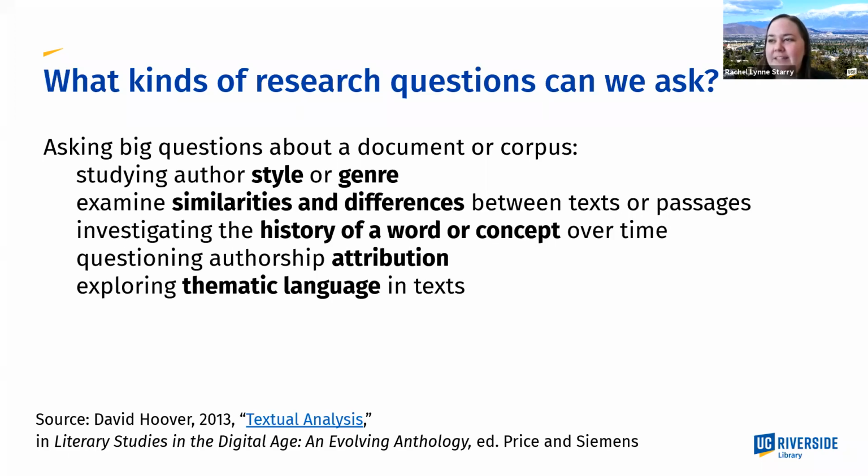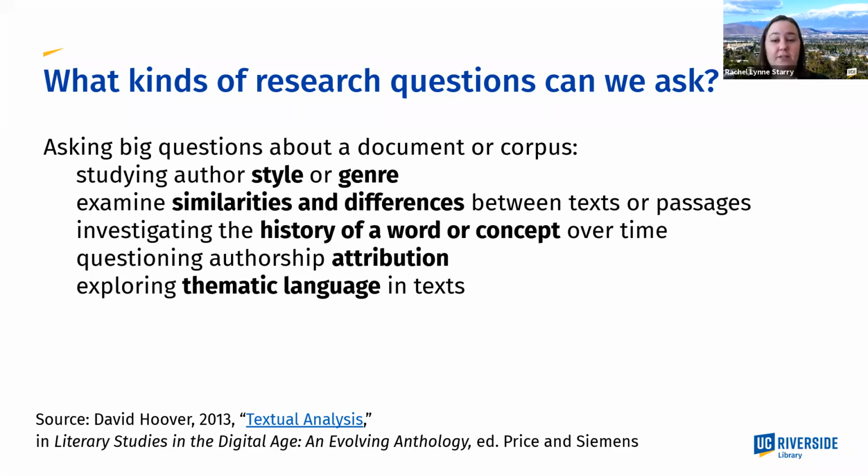We can test hypotheses about texts or passages. We can quantitatively compare the characteristic vocabularies of different authors or groups of documents, and quantitatively describe their similarities and differences. We can also investigate the history of a word or concept over time.